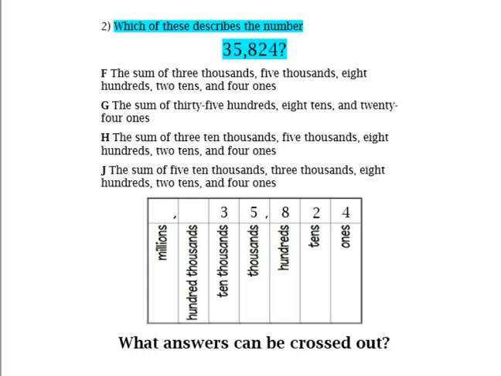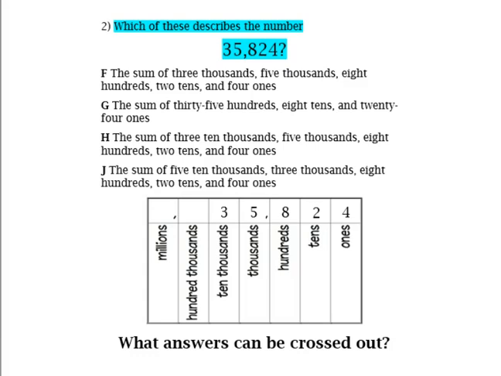So whenever you're taking the STAAR test, take time to see, are there any answers I know are incorrect? Because if I cross those out before I start working the problem, I can increase my chances of getting that problem correct. Okay? So let's look again.